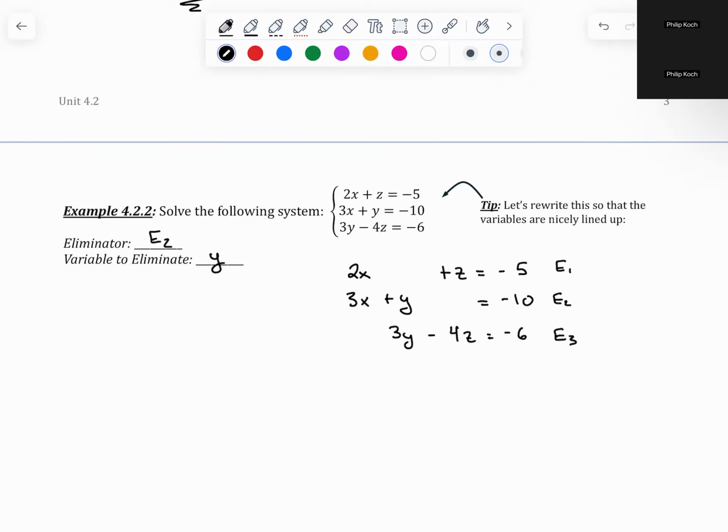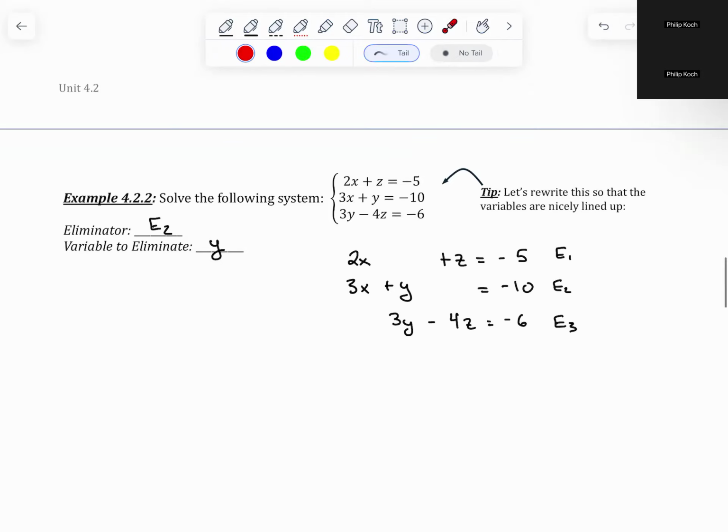And I've mentioned several times about this concept, but you don't have to be as systematic as I am being. If you want to just stack them on top of each other and work through it, that is fine. I just like to work in a very systematic way. So our eliminator is E2, so we're going to try and eliminate it from E1.